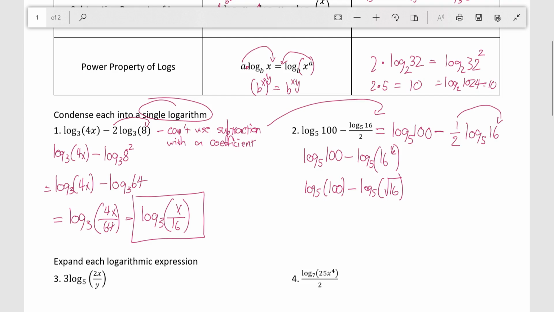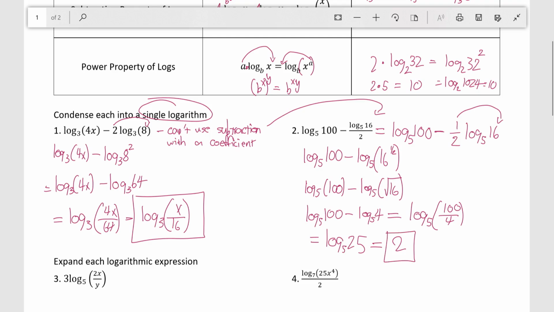And now I know that square root of 16 is 4, so I have log of 100 minus log 4. So now I can divide the two. 100 divided by 4 equals 25, so log base 5 of 25. And we know that log base 5 of 25 is 2, because 5 squared is 25.